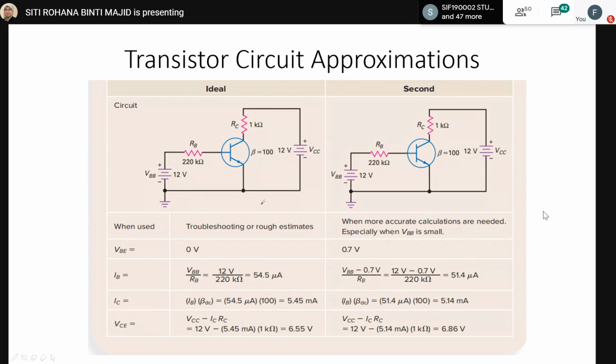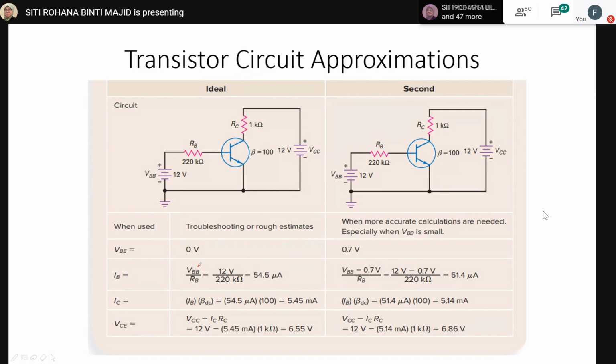Because if you use an ideal diode or PN junction, the total voltage from the source will be 100% delivered to the resistor and goes into the loop.